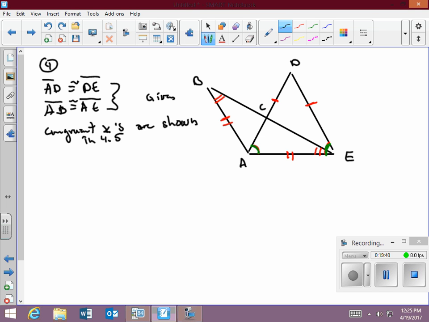That's why those angles are congruent. And then ADE. So this angle right up here, ADE, this one is 50 degrees.